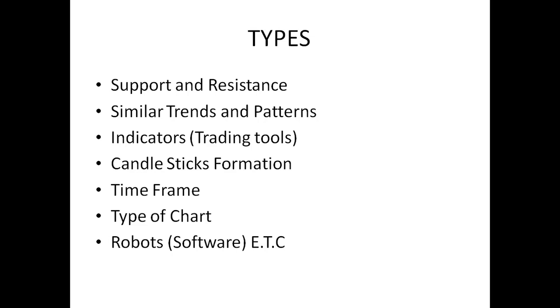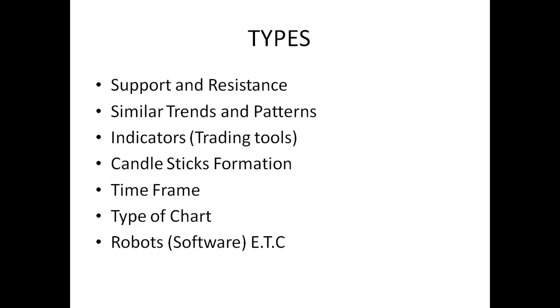So today you have come to understand that support and resistance is under price action. Trends and patterns is under price action or price movement. Indicators or trading tools are all under price action, because you are using those tools to determine where price will be going next, the action that will be taken in the market. So indicators are also part of price action or technical analysis.